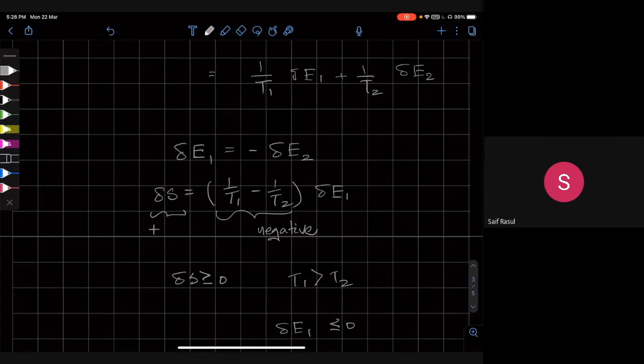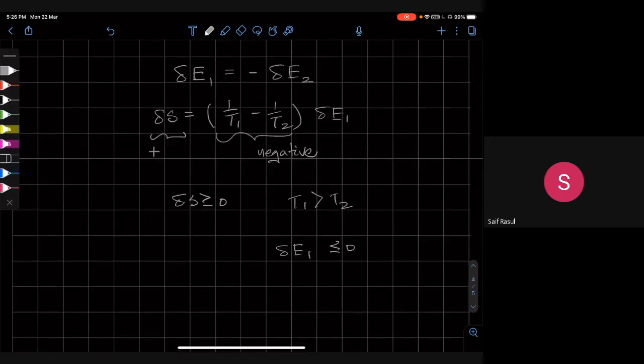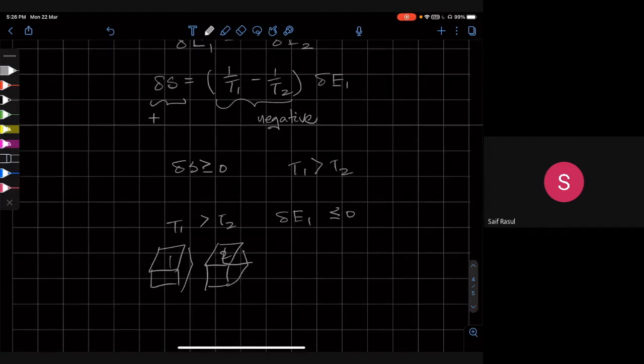So what does that mean? It means that for two systems, 1 and 2, where T1 is slightly bigger than T2, when we bring them together, the energy will flow from the hot object to the cold object, because the first object is losing energy.